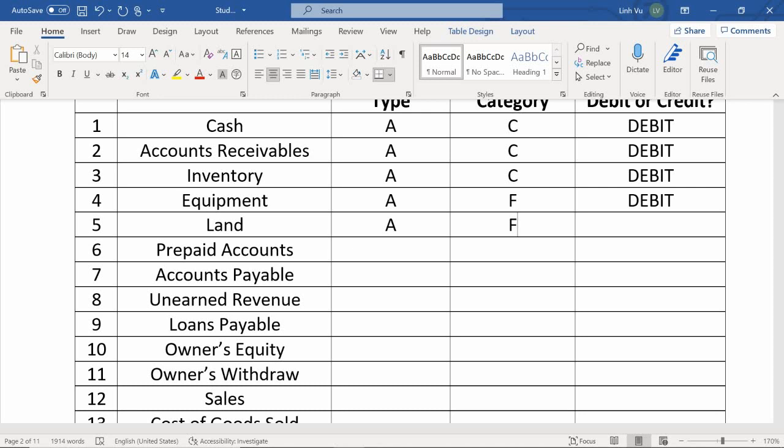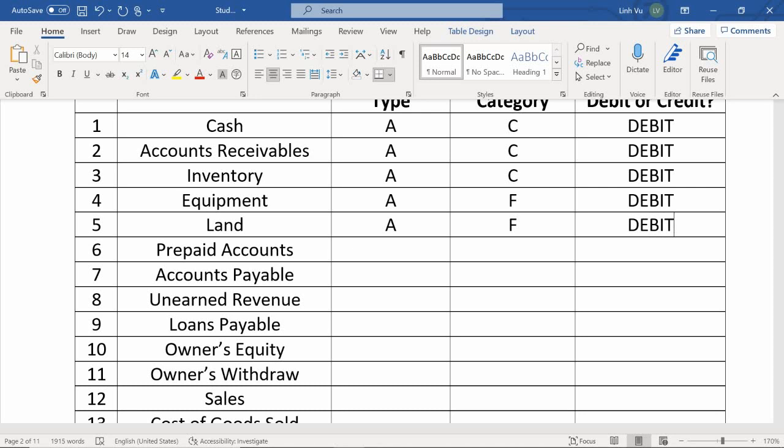Property is going to be anything that you own in regards to land. Land, the streets, the sidewalks, the parking lot, anything that is going to be property. Okay. Good. And what kind of balance would this normally have? A debit as well? It would definitely have a debit balance, yes.